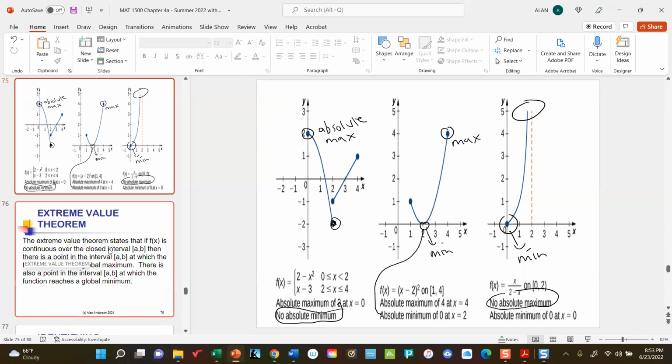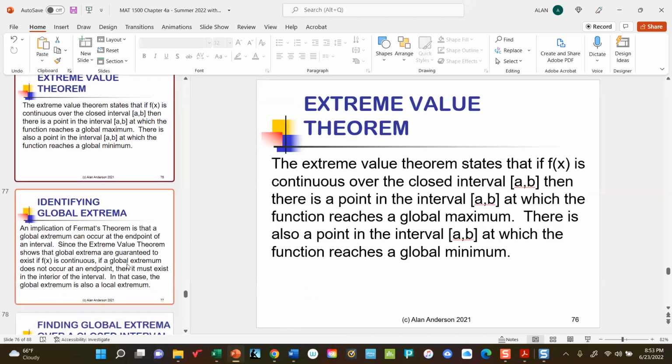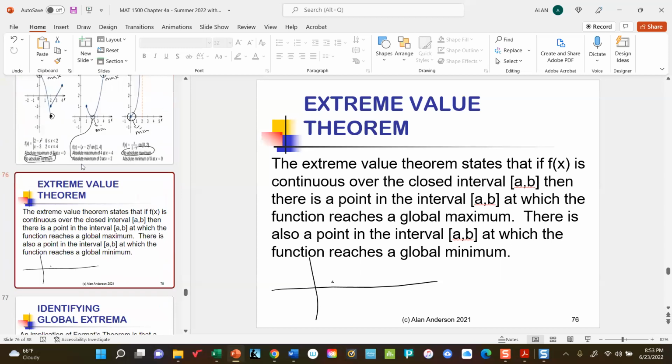All right, now there's a theorem here, and basically what it's telling us is that if we have a function that's continuous over a closed interval, and that means, say, from one, actually, let's look back up here for a second.